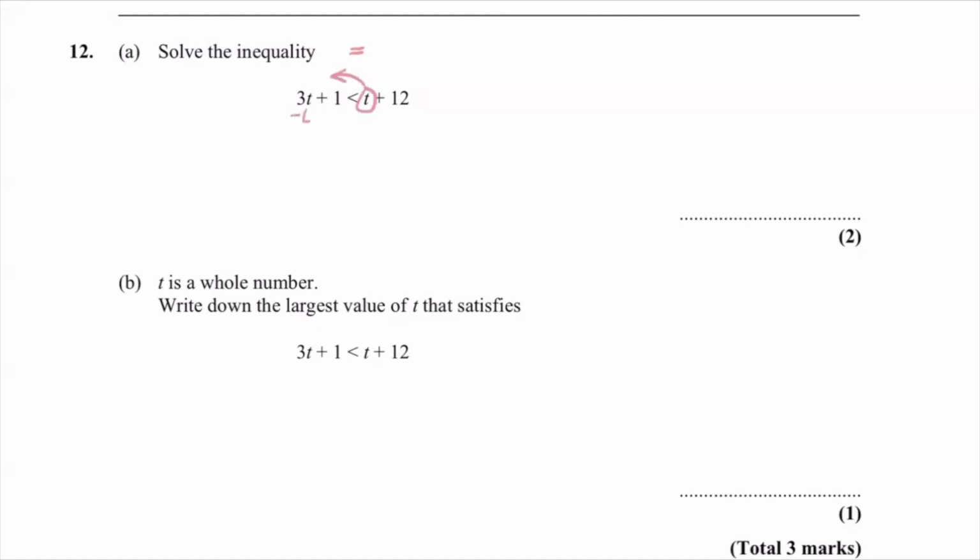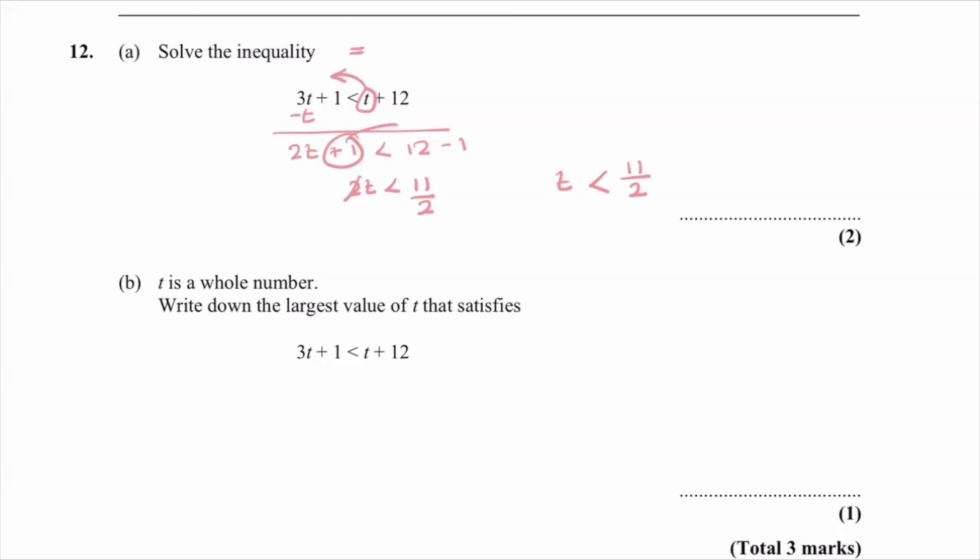That's telling me to take away a t, which is going to give me 2t plus 1 is less than 12. And then I'm going to take the 1 to give me 2t less than 11. And then I'm going to divide through by the 2. So t is a number that is less than 11 over 2, or 5.5.